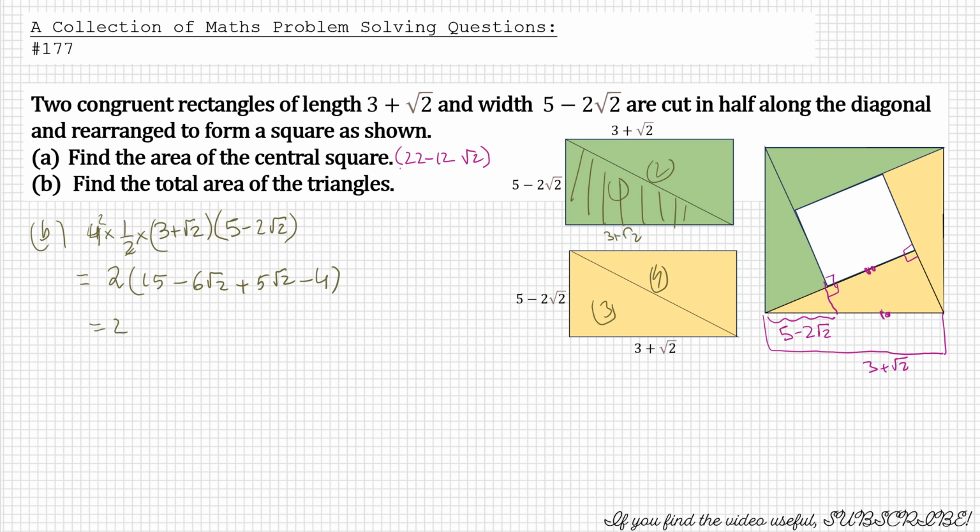That would give me twice of 15 minus 4, which is 11, and then minus root 2. That equals 22 minus twice root 2, and again units squared. So the total area of the triangles would be 22 minus 2 root 2. And that is the answer to these questions.